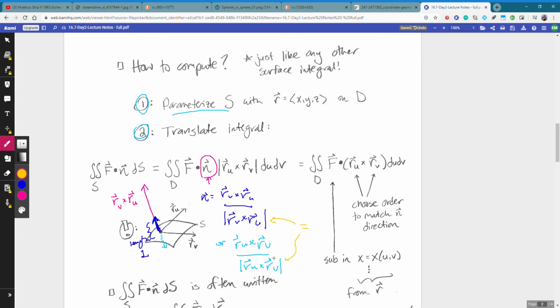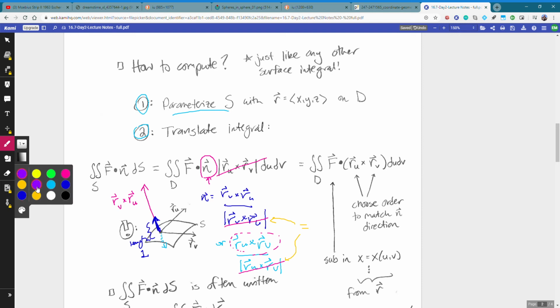So whether it's this light blue formula or this dark blue formula, the size of the cross product cancels out, and what we're left with is just what's up top: RU cross RV, or RV cross RU, depending on what direction we want our normal vector to point.